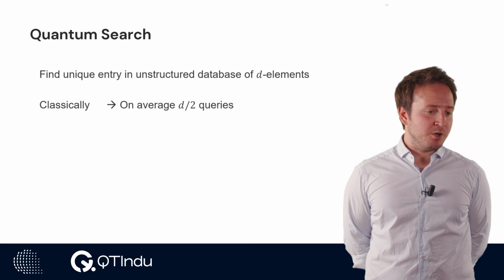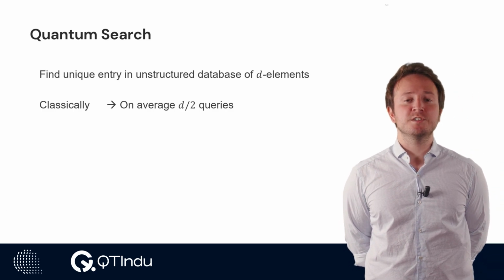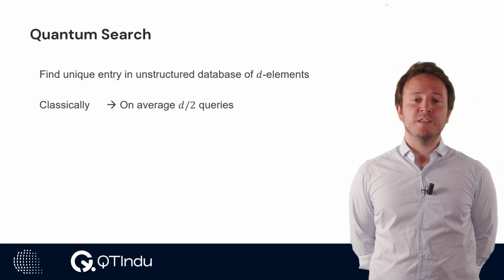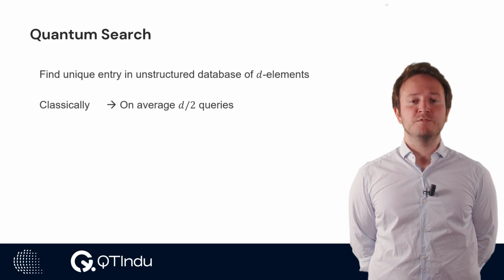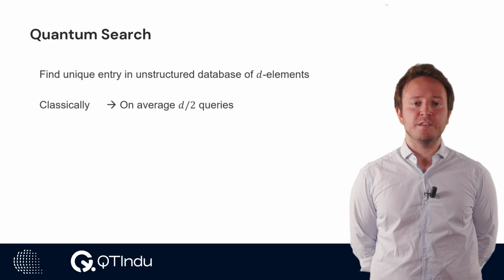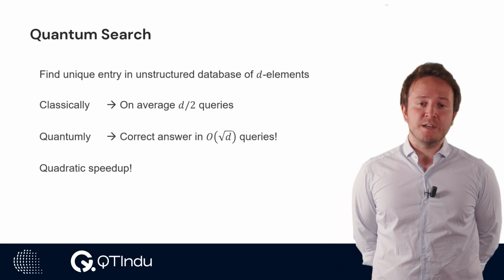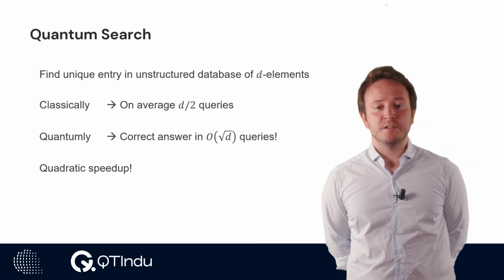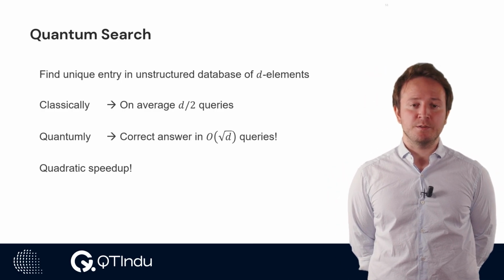This is because if you are very lucky, we can find the entry at the first call. But if you are unlucky, we need to call all the entries of the database to find the correct element. Today we will discuss how, with quantum mechanics, we can get the correct answer in order root d calls of the database.